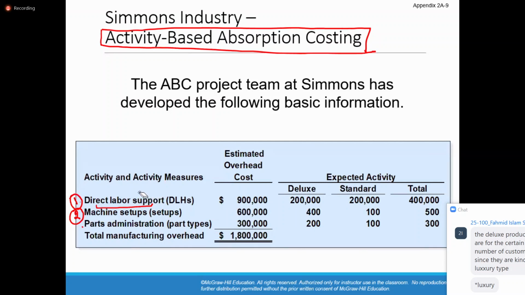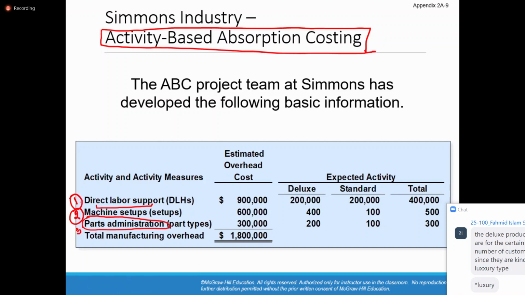For each batch, you need some direct labor support for each batch production. And you see product level activities is more reflected in this part of activity, that is the parts administration. You can relate it with the parts assembly or assembly of different parts of a particular product.